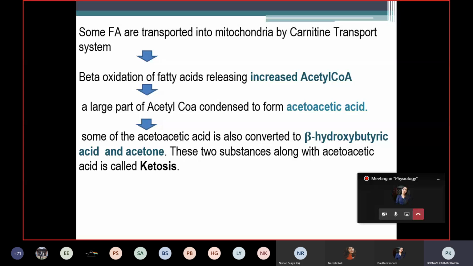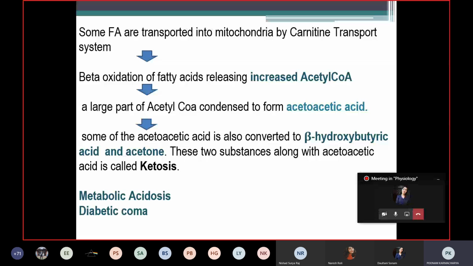And because of increased formation of these ketone bodies, the patient will develop severe metabolic acidosis from the excess keto acids, in association with the dehydration caused by osmotic diuresis, and the person can go into diabetic coma.